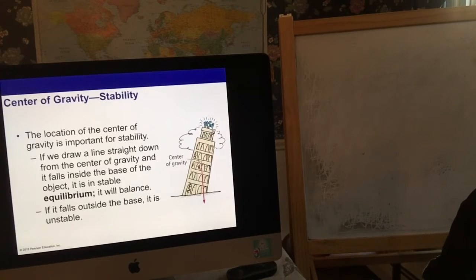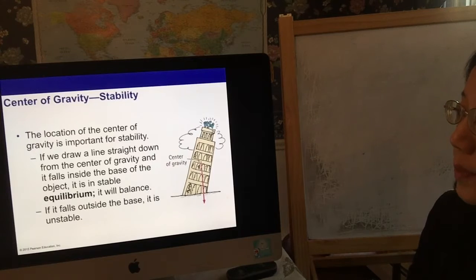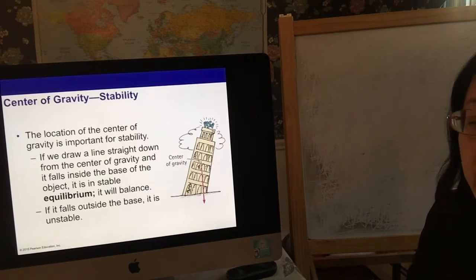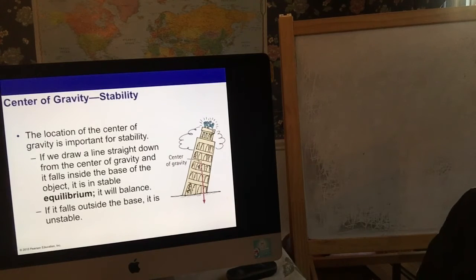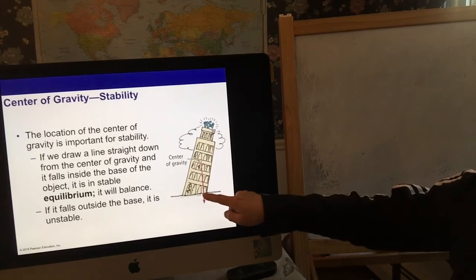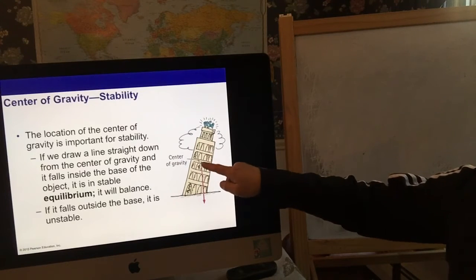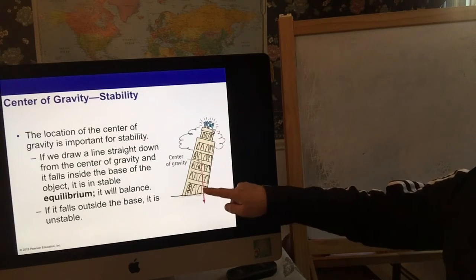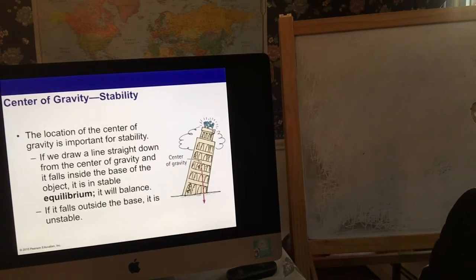And why do we need to talk about the center of gravity? Because this concept is very important for the stability of an object. So let's say this is the Pisa Tower here. If we draw a line straight down from the center of gravity, and this is the base of the object, if the center of gravity line falls inside the base of the object, we say this object is pretty stable.